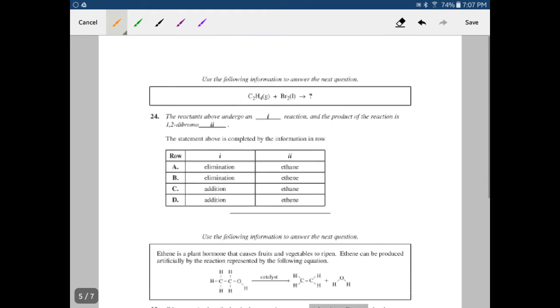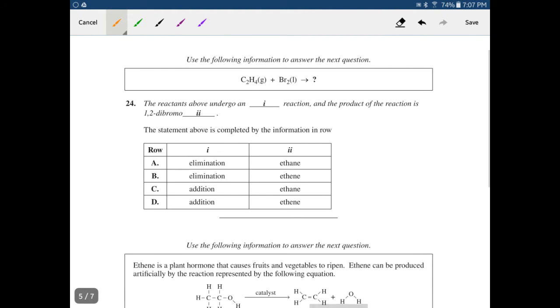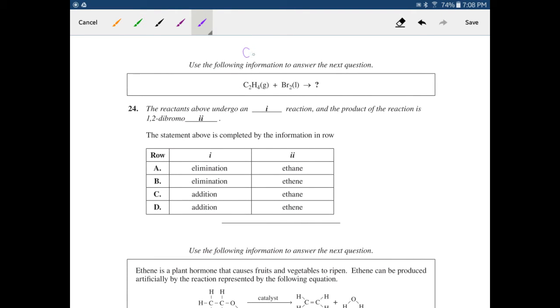So zoom in here. This gives us an equation up here. We have C2H4. Now I like to draw it out. I'm a visual person. I like to see what's going on. So I have C2H4, which means that I have a double bond in the middle here. So I have ethene.